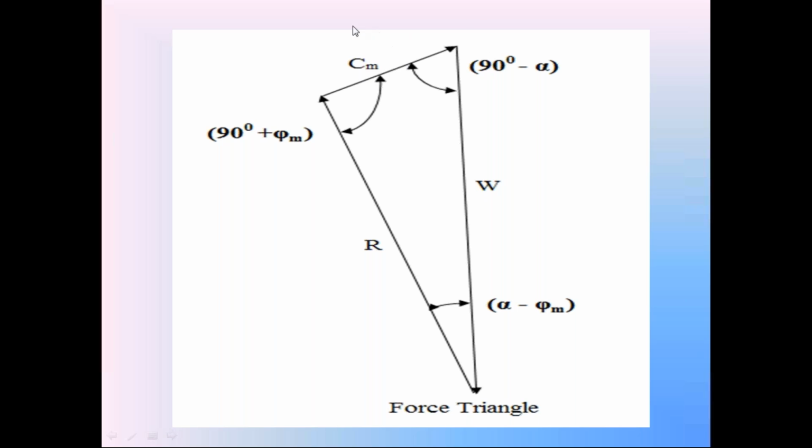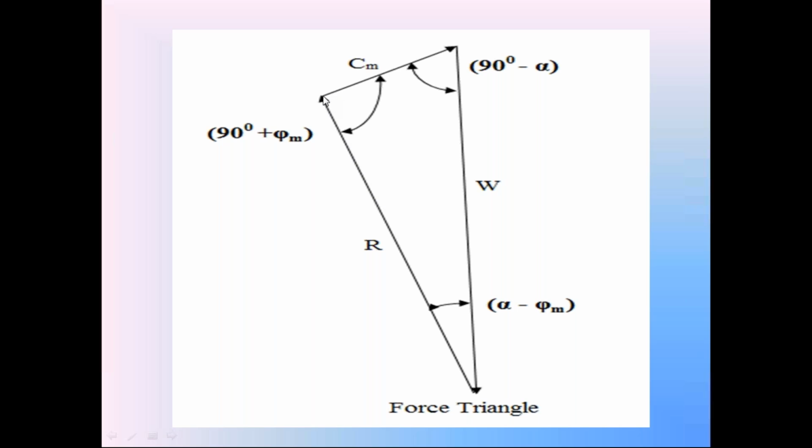This is the Cm force, only the direction is known, not the magnitude. So from the starting point, draw a straight line on the white paper parallel to force Cm, and from the ending point draw a straight line parallel to reaction R.